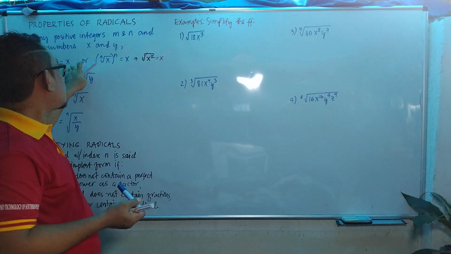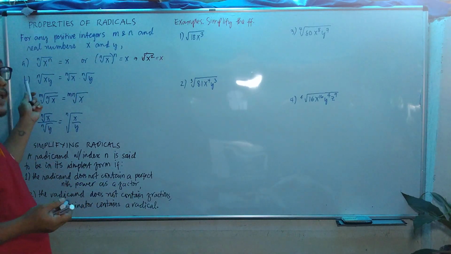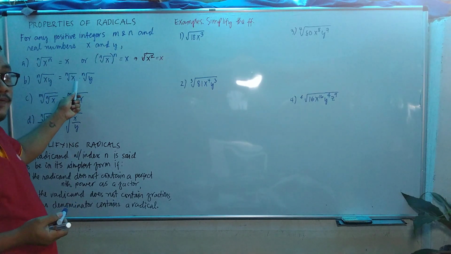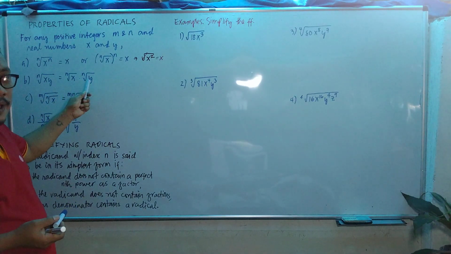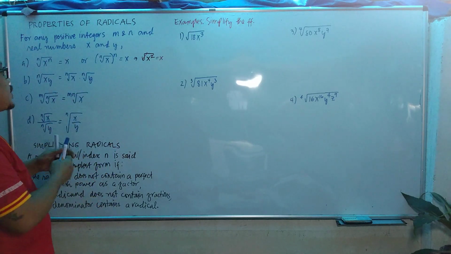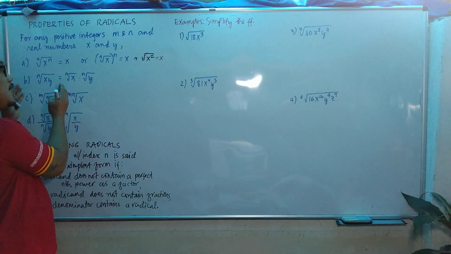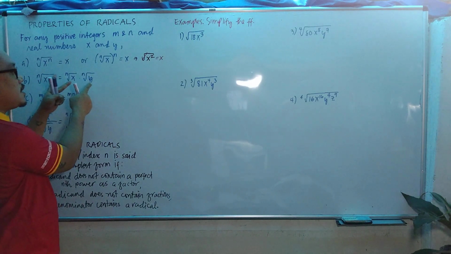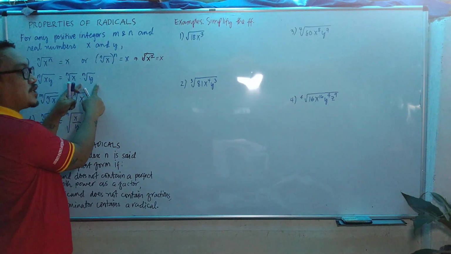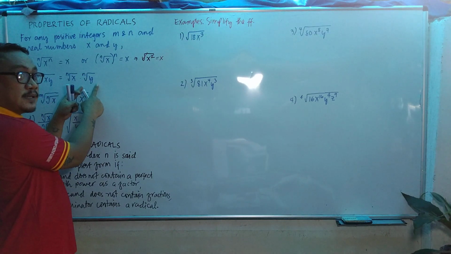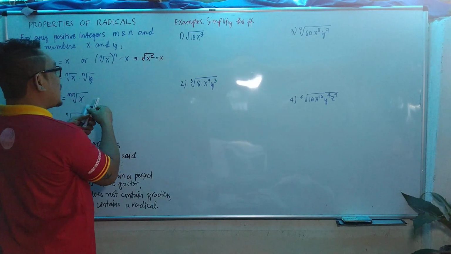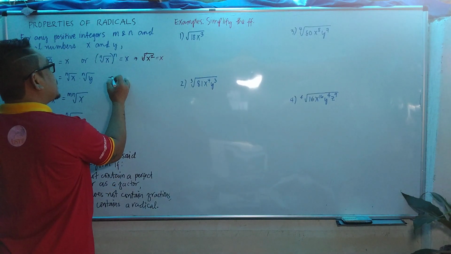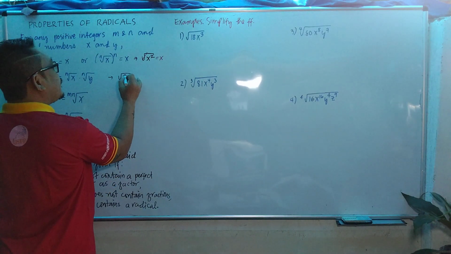Letter B. The nth root of xy is equal to the nth root of x times the nth root of y. This means we can break up what is inside the radical, since it is a product of two numbers and we can separate its factors. For example, the square root of 8.